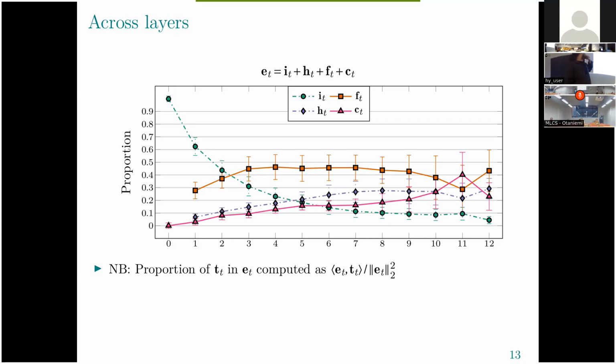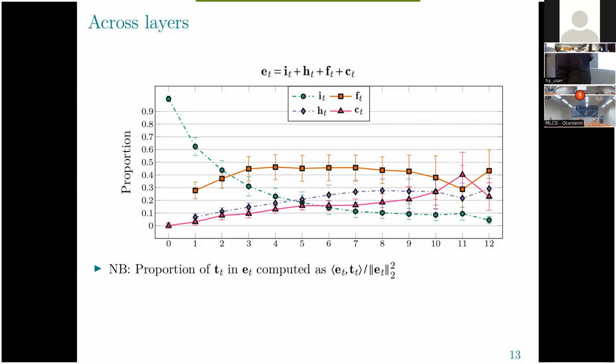So here we are going to have some measure of proportion, a normalized scalar product so that it sums to 1 across all of our items. Therefore it gives us a score between 0 and 1.